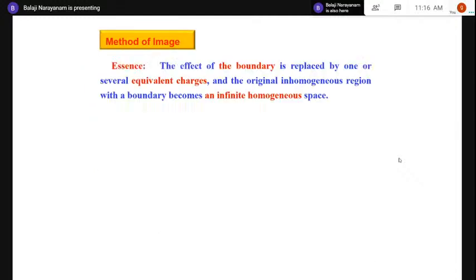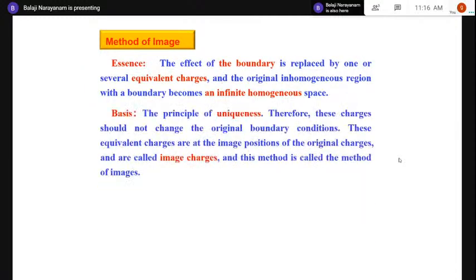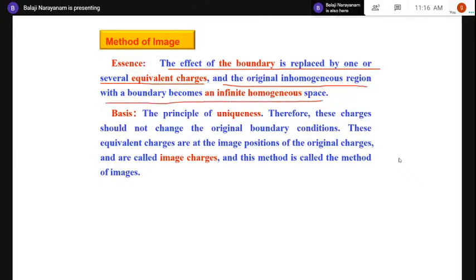So how do we understand? The concept of method of image is required. The effect of the boundary is replaced by one or several equivalent charges, and the original inhomogeneous region with a boundary becomes an infinite homogeneous space. And the basis for this is the principle of uniqueness.